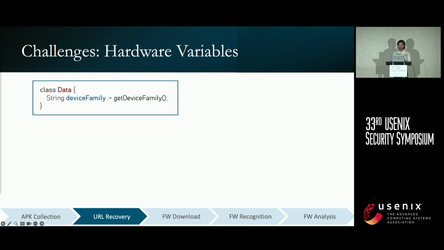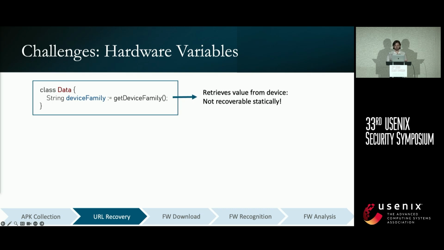But before proceeding, let me briefly show you some of the challenges we encountered with previous VSA approaches. We found that apps often retrieve information like device type and hardware version from the device to reconstruct the URL, because a single APK can connect to multiple devices. However, since we want a scalable approach and are conducting static analysis, we cannot communicate with the device and thus cannot recover this information.